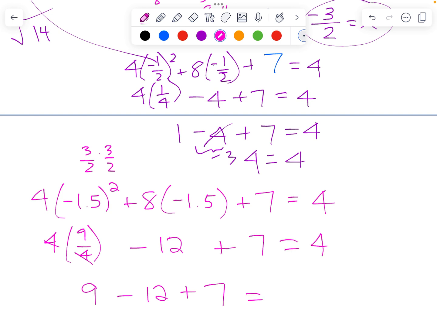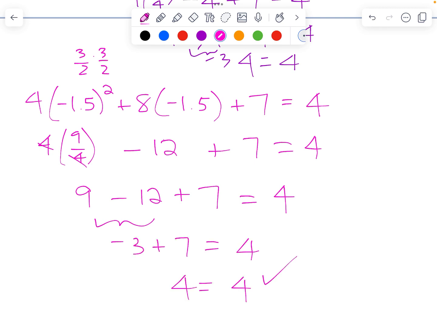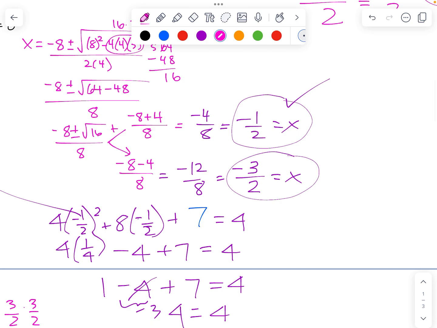Does that equal 4? Let's see. 9 minus 12, negative 3 plus 7 equals 4. 4 equals 4. So I know that that answer, negative 1.5 or negative 3 over 2, also works.